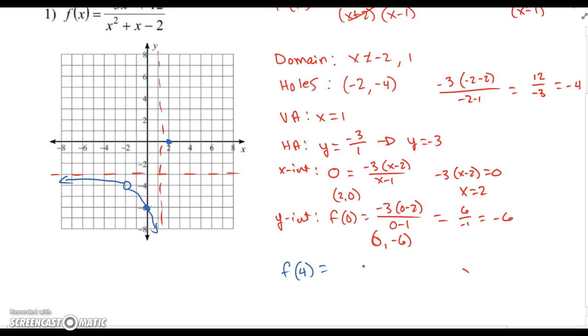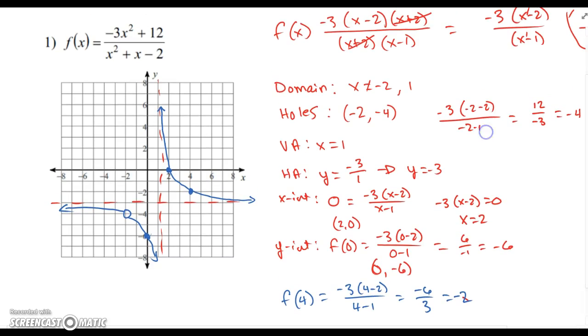So f of 4 is going to be -3(4 minus 2) over 4 minus 1. Going to give me -2, so (4, -2). And then we can finish the graph like that.